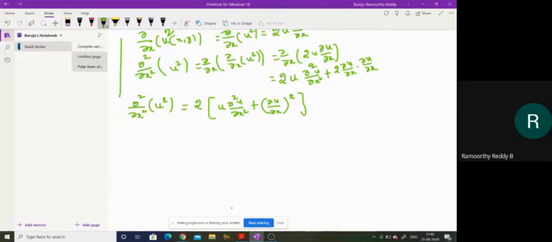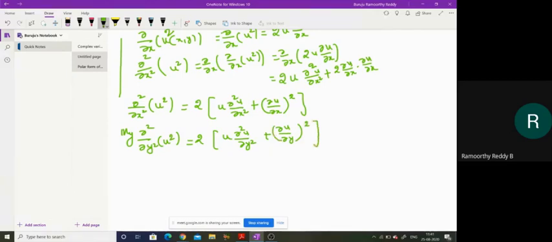Now similarly, ∂²/∂y² of u²; see, with respect to x it is this, and with respect to y we can write it as 2 [u ∂²u/∂y² + (∂u/∂y)²].